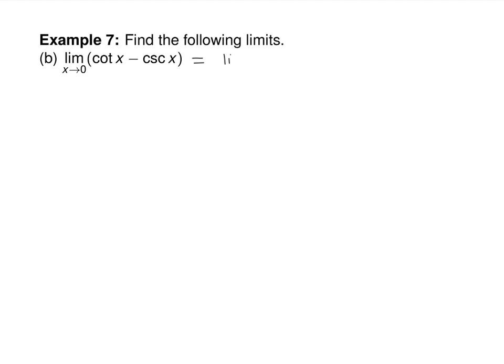So limit as x goes to 0. So cotangent is what over what? Great, cosine over sine. And cosecant is 1 over sine. And look, they already have a common denominator. Yay! This one will not be as ugly, I promise.